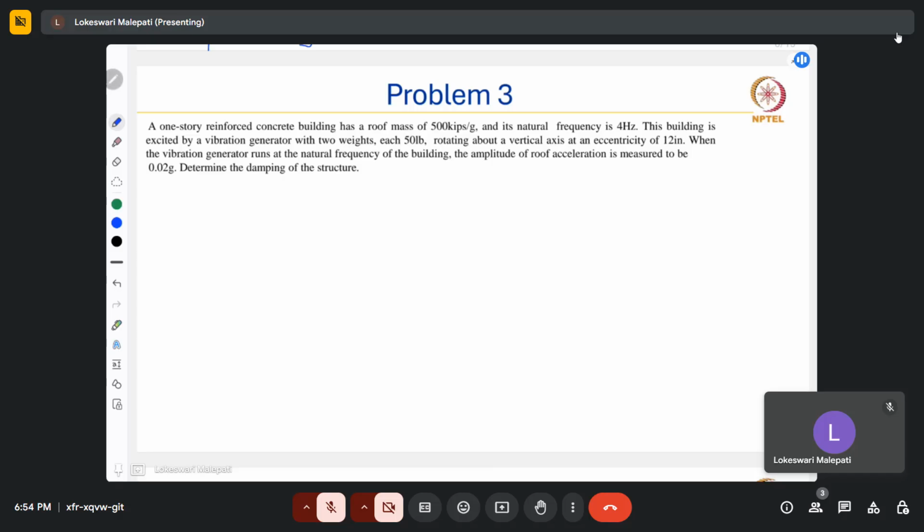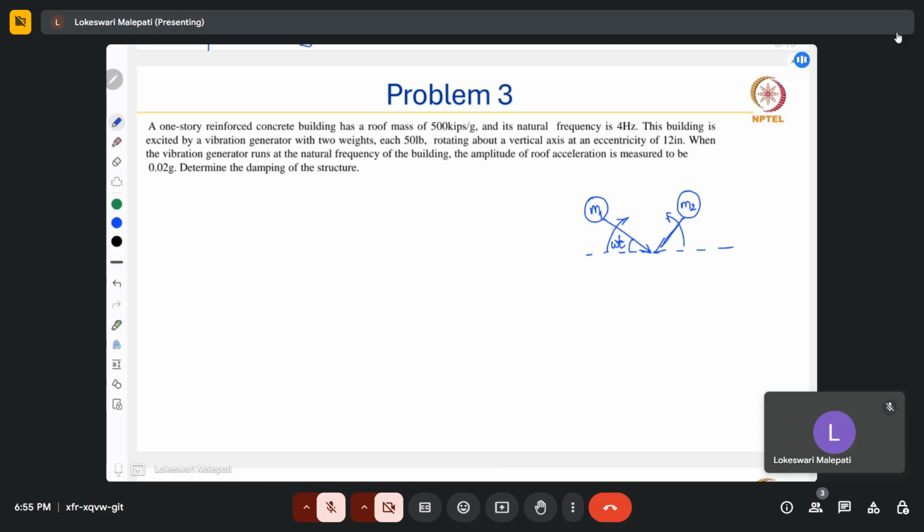There are two masses of equal magnitude, m1 and m2. They would be rotating about a vertical axis, in opposite directions, like this. This angle can be written as omega t.